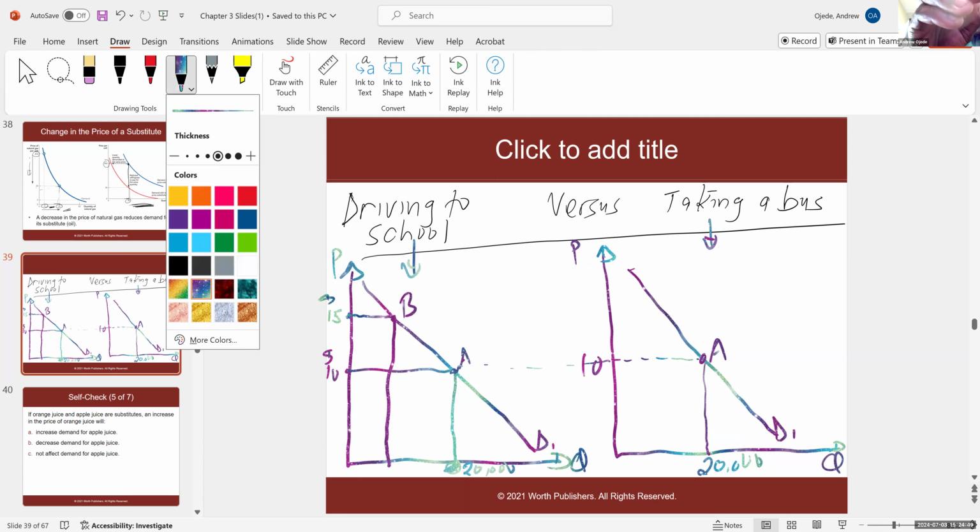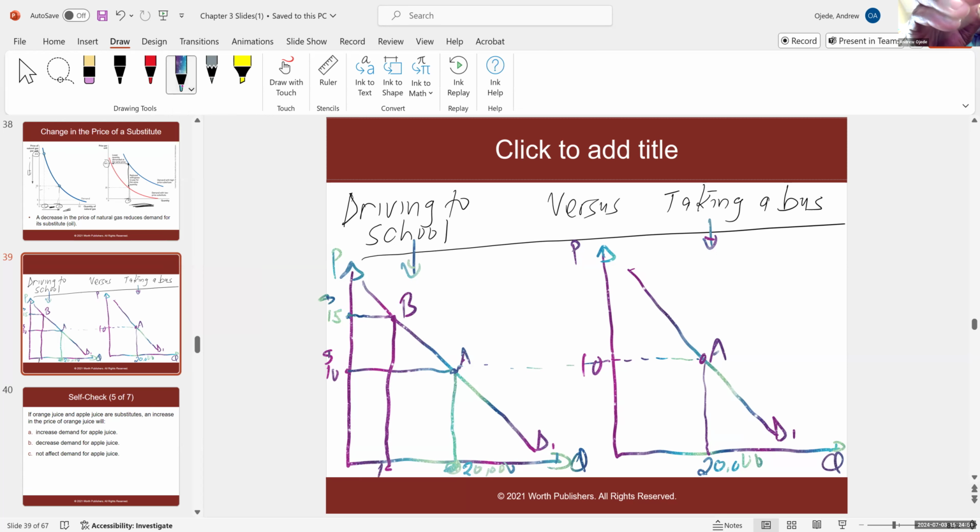So that means, let's say, 5,000 fewer students will drive their own cars. Only 15,000 students will drive to school in their car. Because the price of driving has gone up, that leads to 5,000 fewer students driving to school in their own car. So the question is, the 5,000 fewer students who are no longer driving their cars, where do they find themselves? They'll find themselves taking a bus.